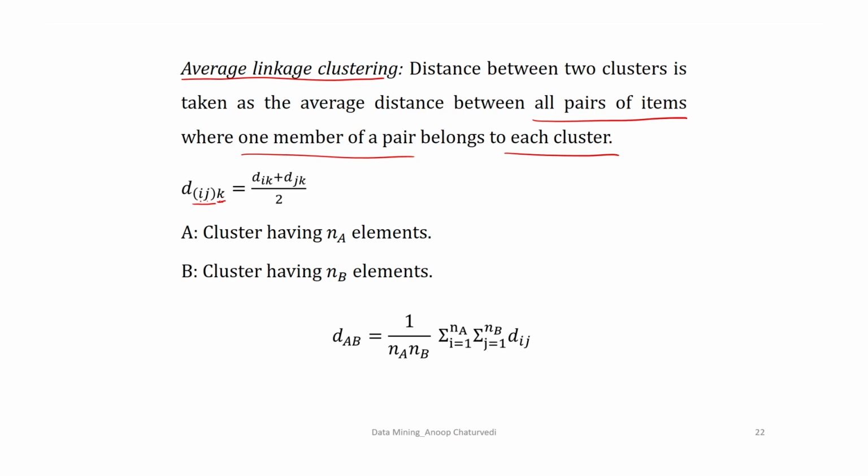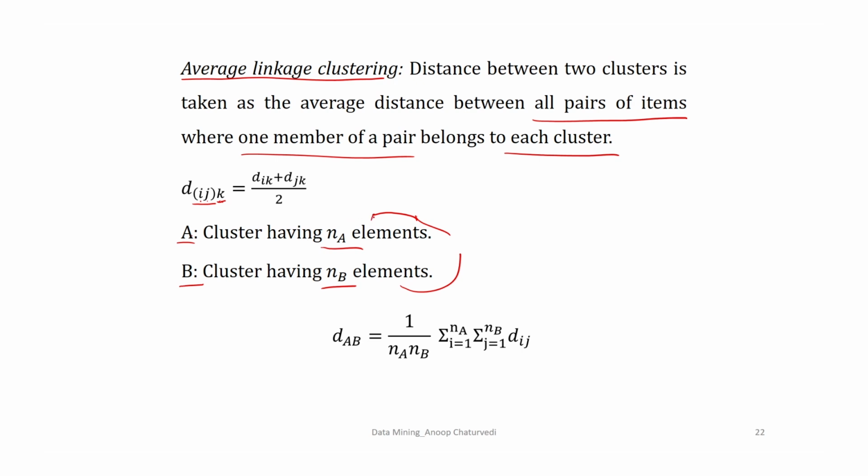and suppose you have two clusters A and B, and cluster A has n_A elements and cluster B has n_B elements. Then we consider all the pairs. We take an element from here, we take an element from here, obtain the distance.